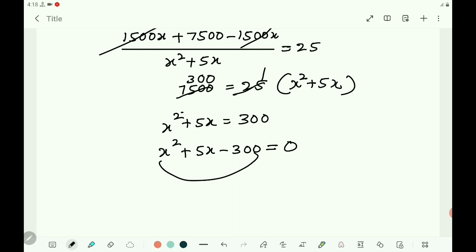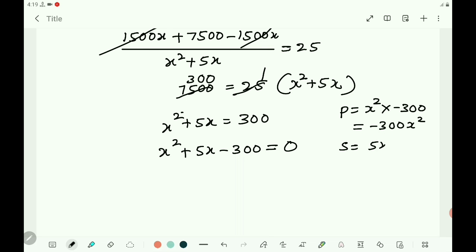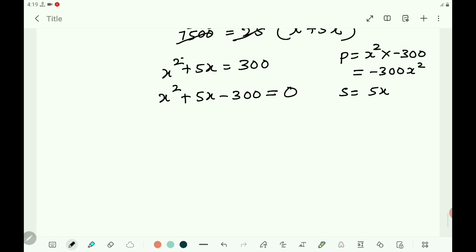Now you take the sum and product. Product is x square into minus 300, equals minus 300 x square, and the sum is 5x. It is to be split. Here the product is having a negative sign, so the factors are having different signs.